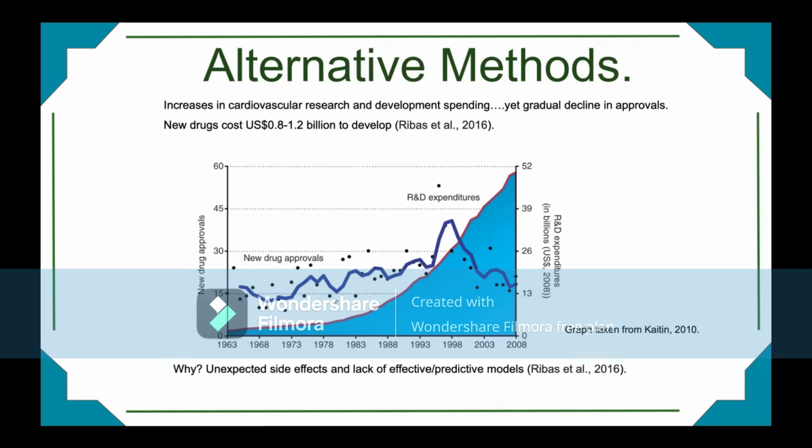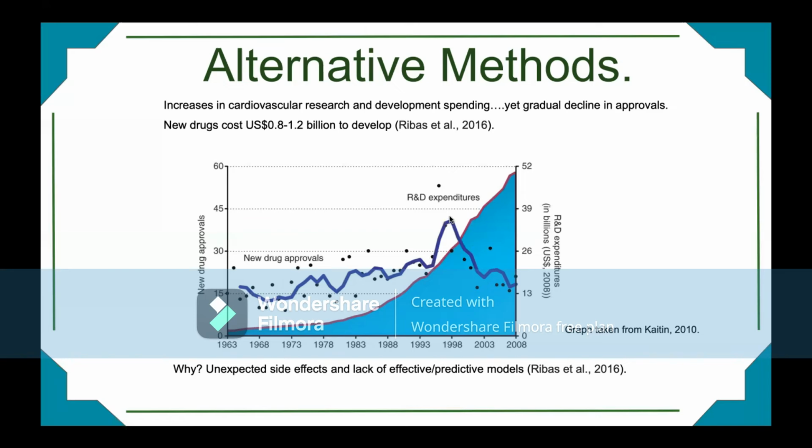So let's just discuss this figure down below. From the years 1963 up to 2008, we've got the amount of drugs being approved and also the amount in billions of US dollars that are being spent in research and development. From 63 up until 98, we see an increase in the spending, which is matched with an increase in new drug approvals.